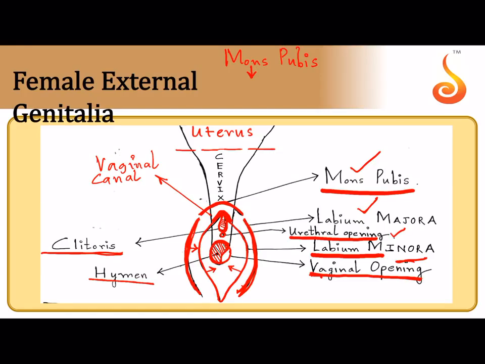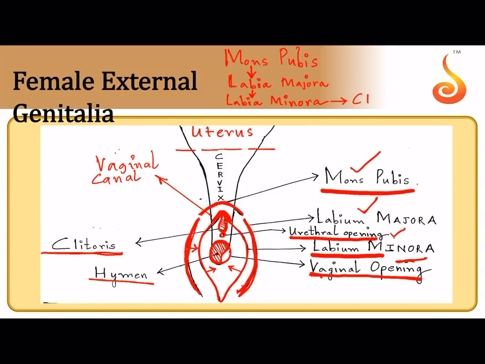And then extending from the mons pubis, there are thicker folds of tissue which are referred to as, let's call it plural, labia majora. And then inner to the labia majora you have two smaller folds of tissue which are called the labia minora. All right, then what do you see at the upper junction of the labia minora?